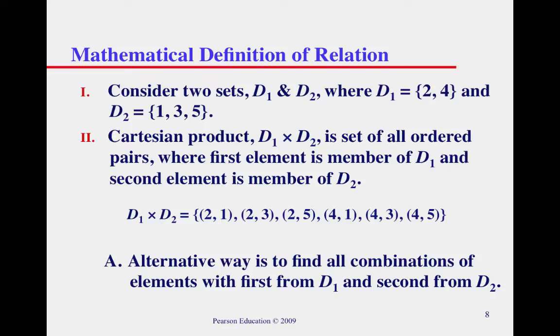It's the set of all ordered pairs that you can get by enumerating all possible pairs where elements of D1 are the first element in the pair and elements of D2 are the second element. So right here, you see our potential universe from which our tuples may be drawn. Each of those 6 pairs is a potential tuple.